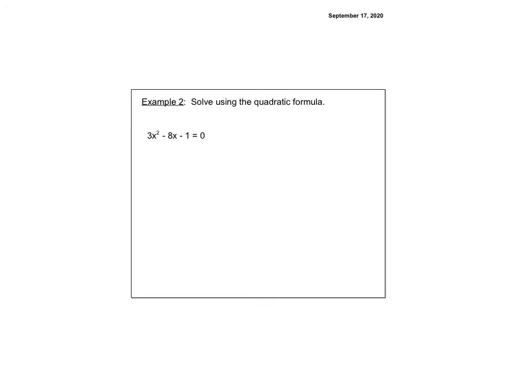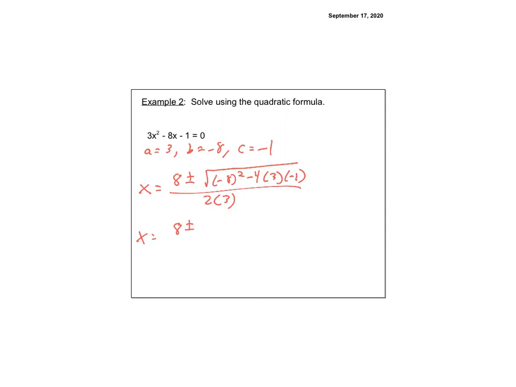So then there's just some review problems in here. One is using the quadratic formula, so I'm going to just do one of each. So your a is 3, your b is negative 8, and your c is negative 1. So x equals negative b plus or minus the square root of b squared minus 4 times a times c all over 2 times a.